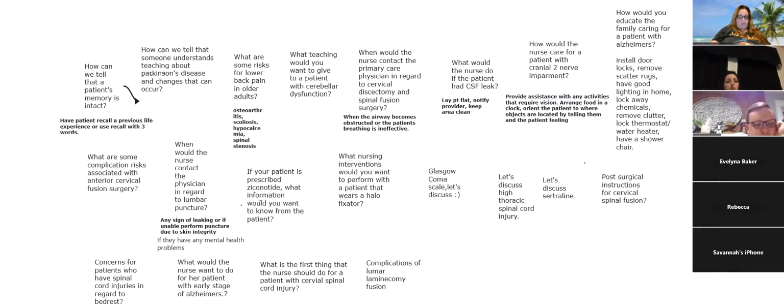Oh, let's see. So when you're teaching a patient with new onset of epilepsy who is prescribed phenytoin or Dilantin, what are some things that you would expect to tell the patient about?